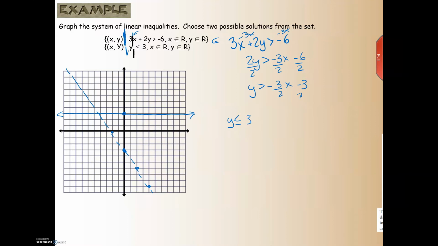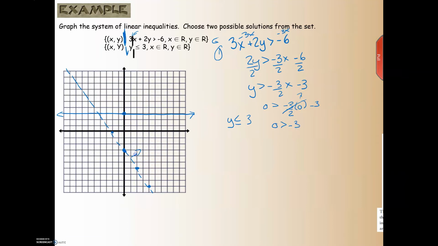Now I've got to figure out where my solution region is. So let's go back to my first linear inequality and figure out if I'm above or below the line for my solutions. So I'll plug in the point 0, 0 because it's my favorite and it's the easiest. And I get that 0 is greater than -3, which it is.